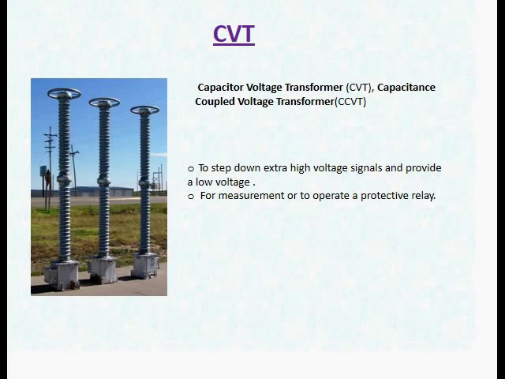This is the advantage of CVT over VT. And what is the purpose of a CVT? It steps down the extra high voltage signal, providing a low voltage for measurement or to operate protective relays. It just creates an image of the primary voltage at a lower level secondary voltage.